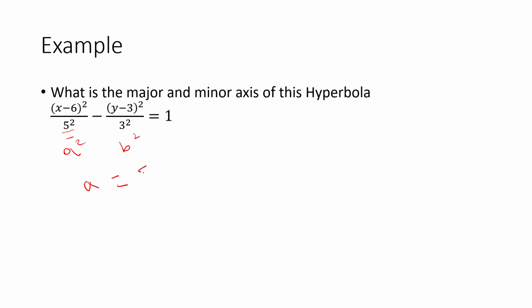A is equal to 5, b is equal to 3, and we know that the major axis is 2a, which is 10, and the minor axis is 2b, which is 6.